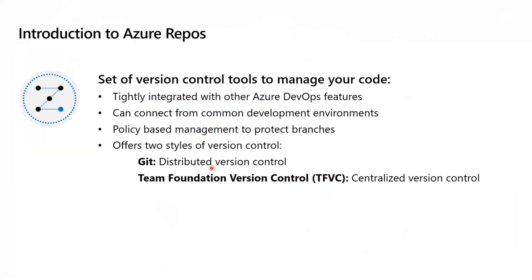Actually, the recommendation is that if you don't know, start working with Git. Normally, Team Foundation version control system is for existing projects, for existing repositories, that you want to integrate within Azure Repos. Actually, there is a tool that allows you to migrate from Team Foundation to Git, and it's provided by Azure DevOps.